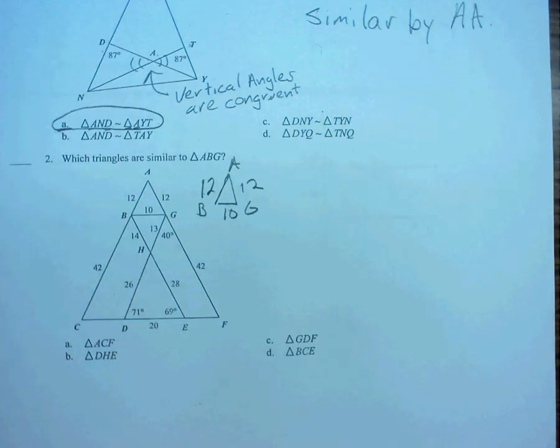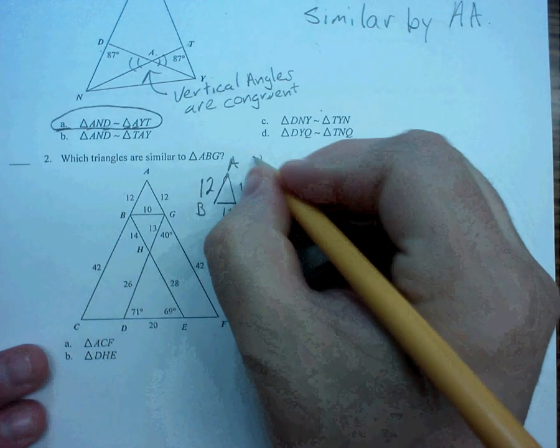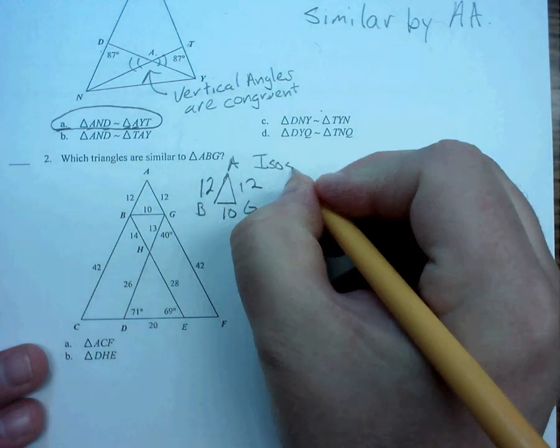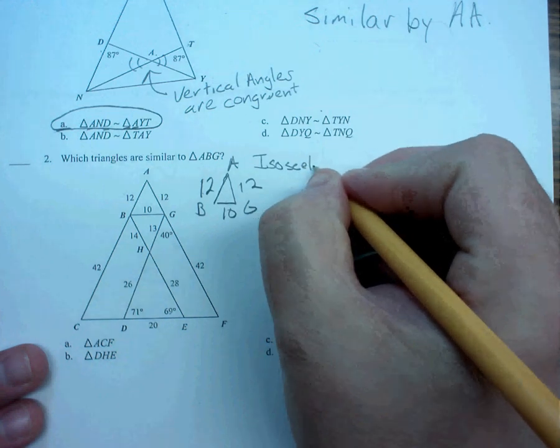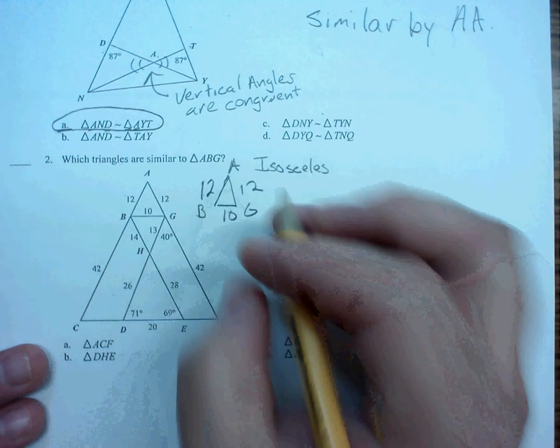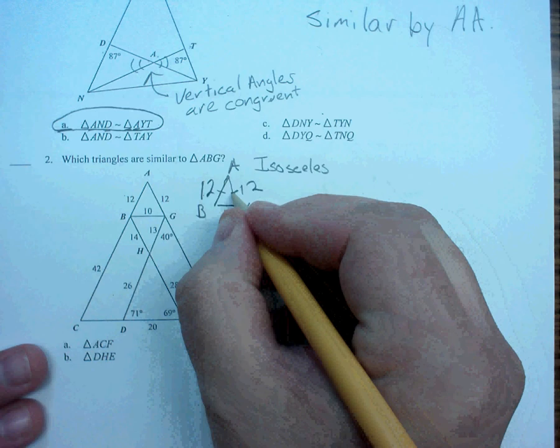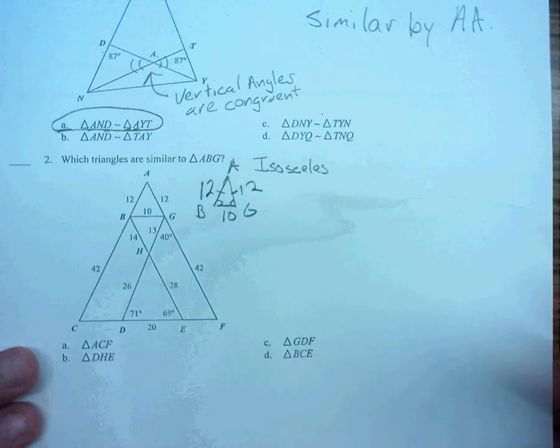Now this is just like the problem we did the other day, so I think the big triangle is definitely similar to it, because just like the other problem, notice that this is what we call an isosceles triangle. That means it has some congruencies and some symmetries. So this side length is congruent to this, and that means that this angle is congruent to this one.